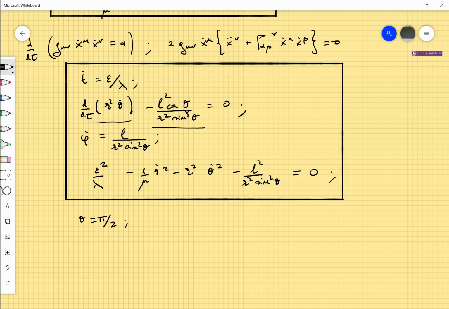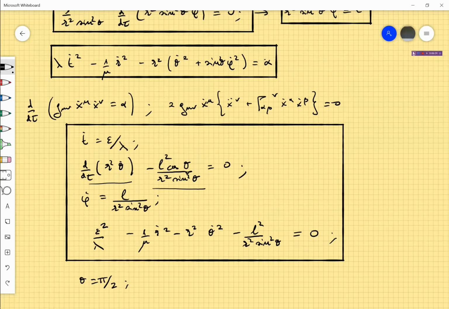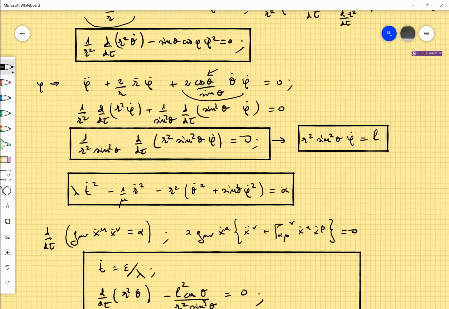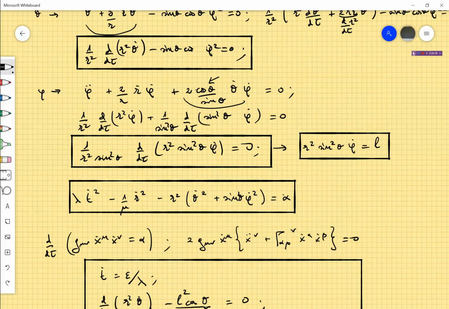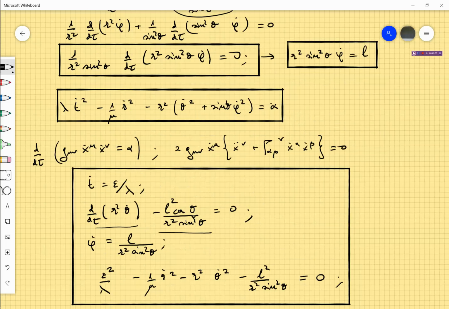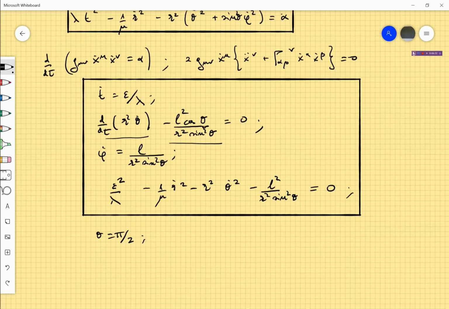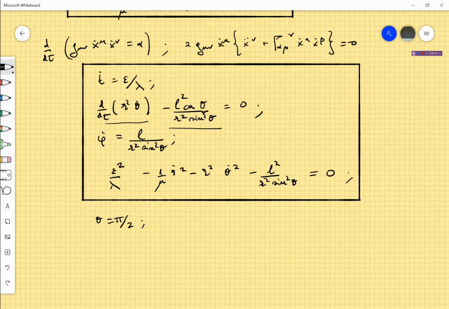Cosine of pi over 2, so the whole equation is satisfied. And then in other places, this term will disappear, and this sine squared theta becomes 1. Here, things are simplified, but the question is: is this a particular solution, or is this the most general solution in some sense?